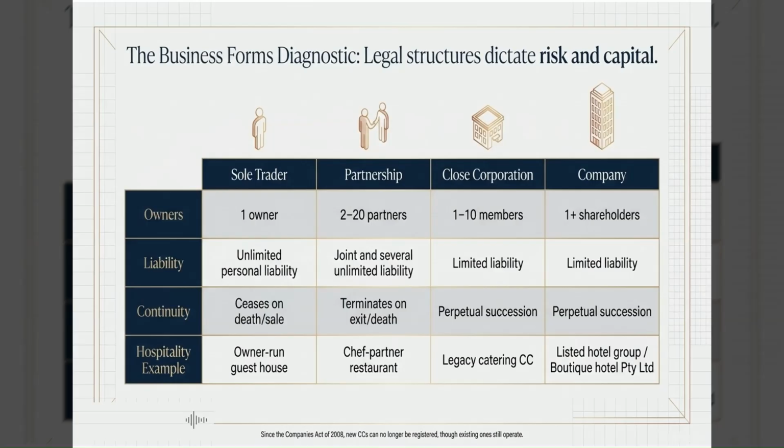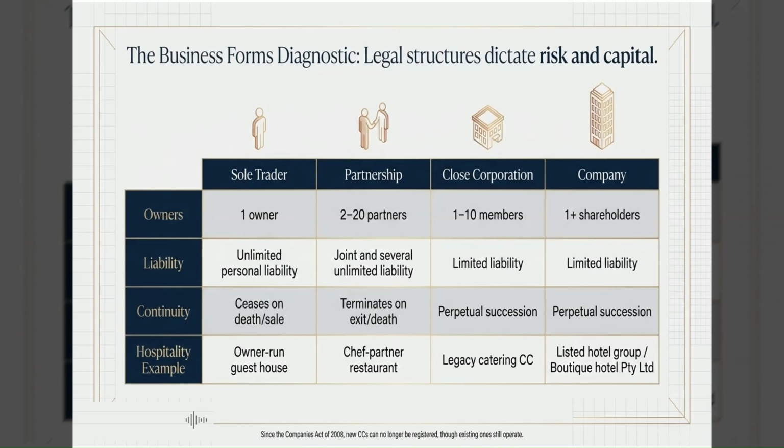It worked well, and many are still trading today. But when the Companies Act of 2008 came into operation in May 2011, registration of close corporations stopped. You cannot register one now.